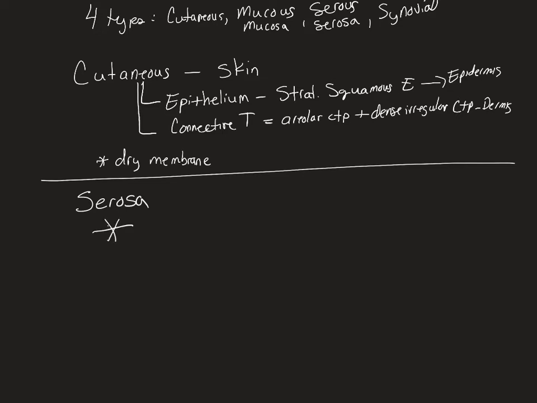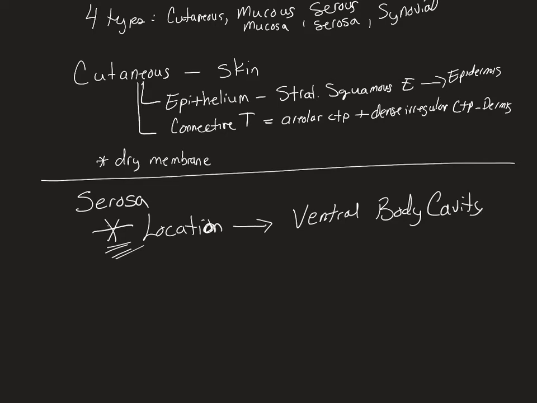I want you to remember the location. There is only one location, and this location seems to get messed up a lot in tests. So the location, ventral body cavity. Do not miss that on a test.